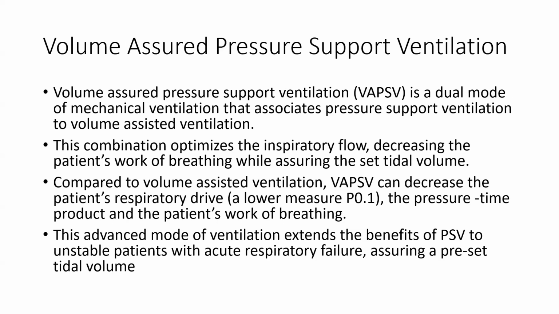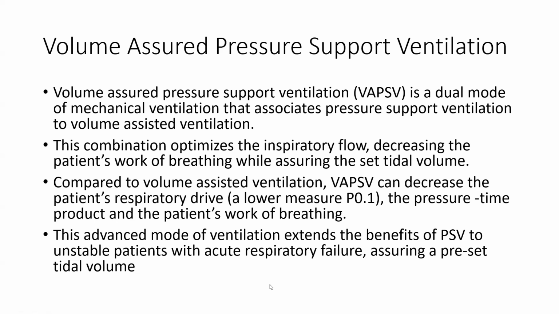Now, next is volume assured pressure support ventilation. It is a dual mode of mechanical ventilation that associates pressure support ventilation with volume assisted ventilation. This combination optimizes the inspiratory flow, decreasing the patient's work of breathing while assuring a safe tidal volume.